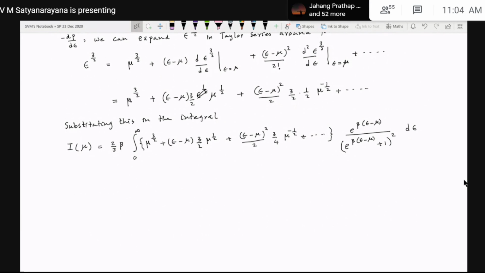Okay. So let us try to integrate this in the following fashion. So first what we will do is let's make a change of variable.